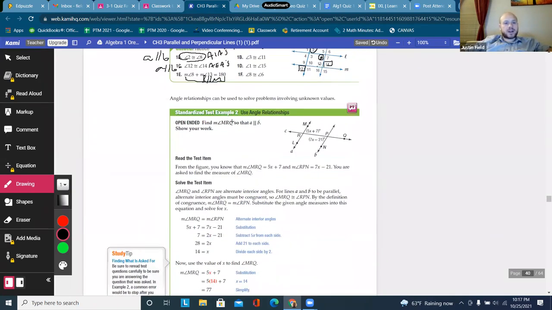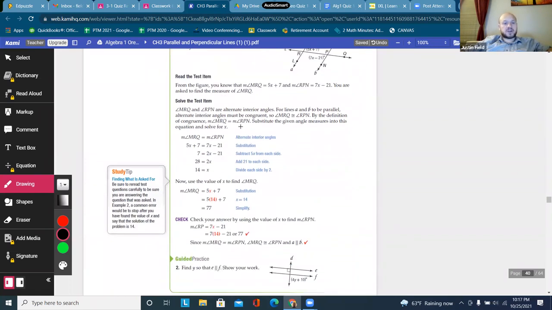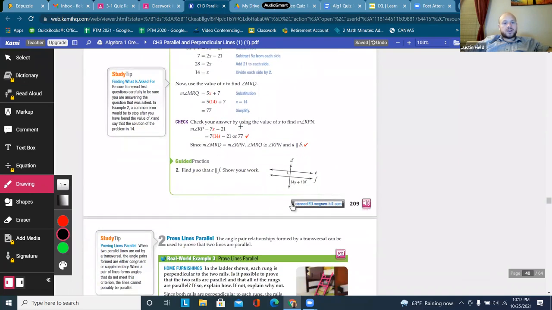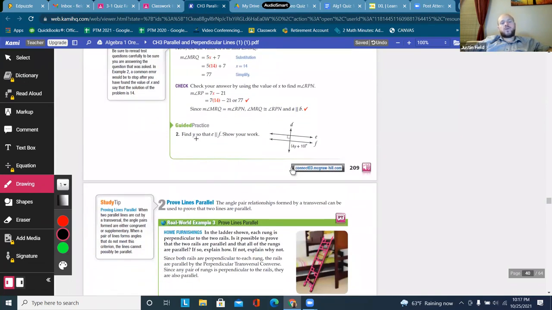Ooh, standardized test example, very good. Okay, so find y so that E is parallel to F. So 90, that makes this 90, and it has to be 90 because these are corresponding angles, and then they all have to be 90.